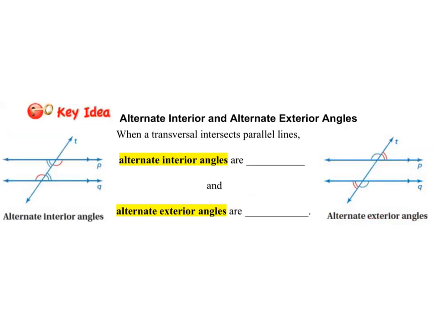The reason we worry about this vocabulary is it gives us a big shortcut rather than having to worry as much about all those corresponding and vertical angle rules. We have some shortcuts because when a transversal intersects parallel lines, the alternate interior angles are congruent and the alternate exterior angles are congruent.